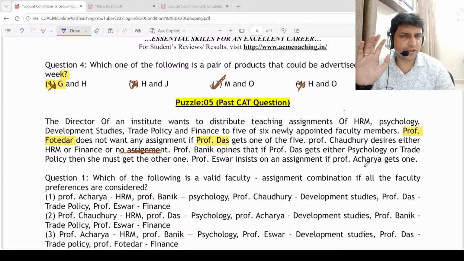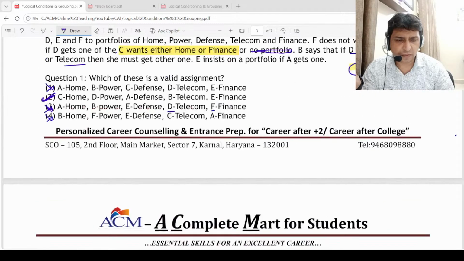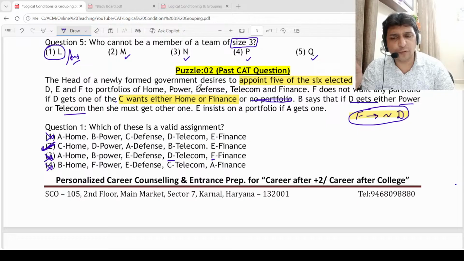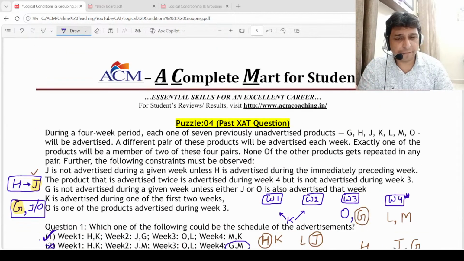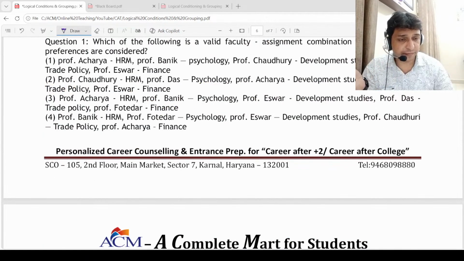Now, does this remind you of something? The question which we have just done, the puzzle 2, CAT question, is the same kind of question with the same pattern. It came in IFT also.